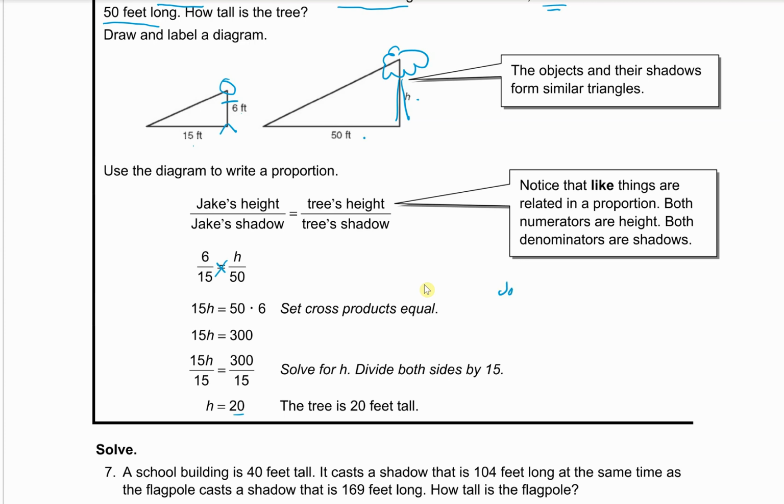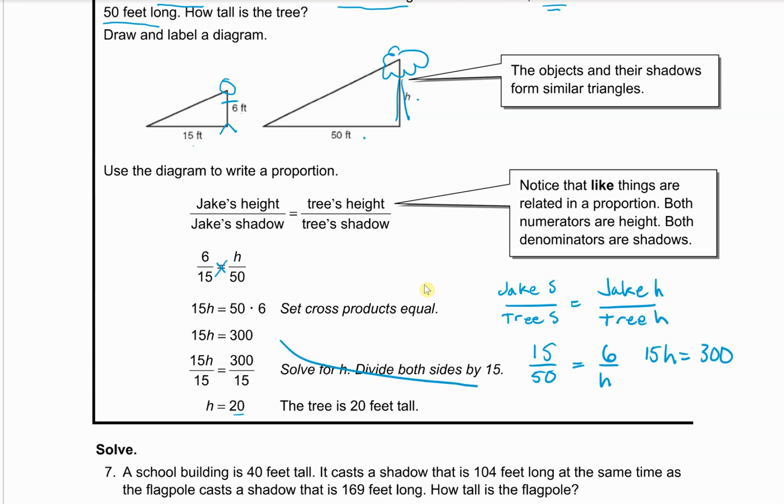So I could do Jake's shadow to the tree's shadow equals Jake's height to the tree's height. So I could say, all right, 15 is to 50 as 6 is to h. When I do my cross products, I'm going to get 15h equals 300. And if you notice, that's the same as what we got over there.